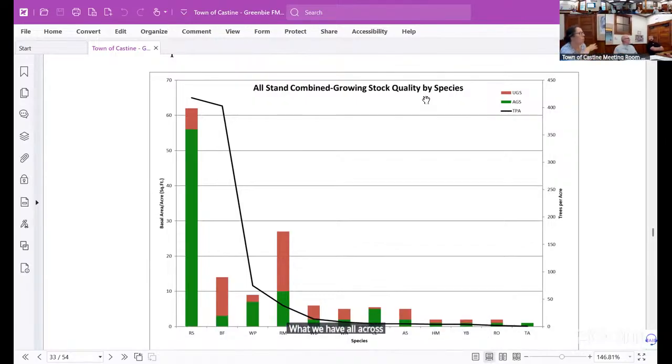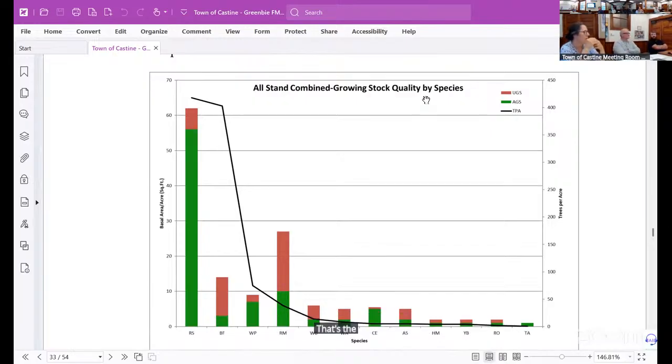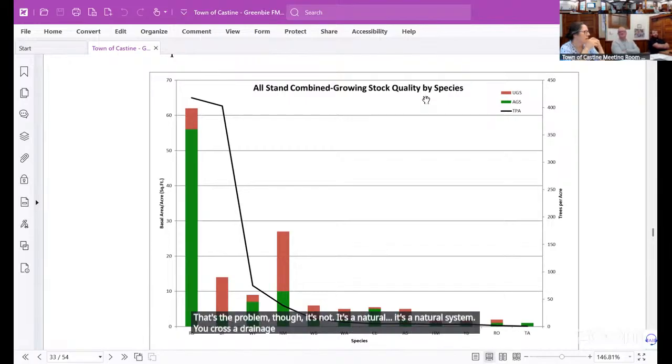If the whole Bog Brook area was one place that you're looking at, you've got an awful lot of everything. That's the problem, though. It's a natural system. You cross a drainage and go on to another landowner on another soil type, and things are drastically going to change. It's just the nature of forests.